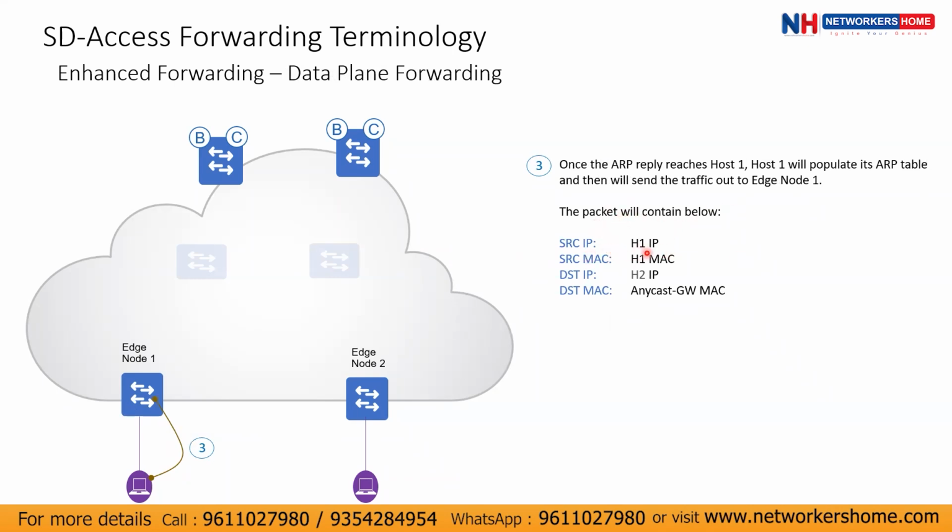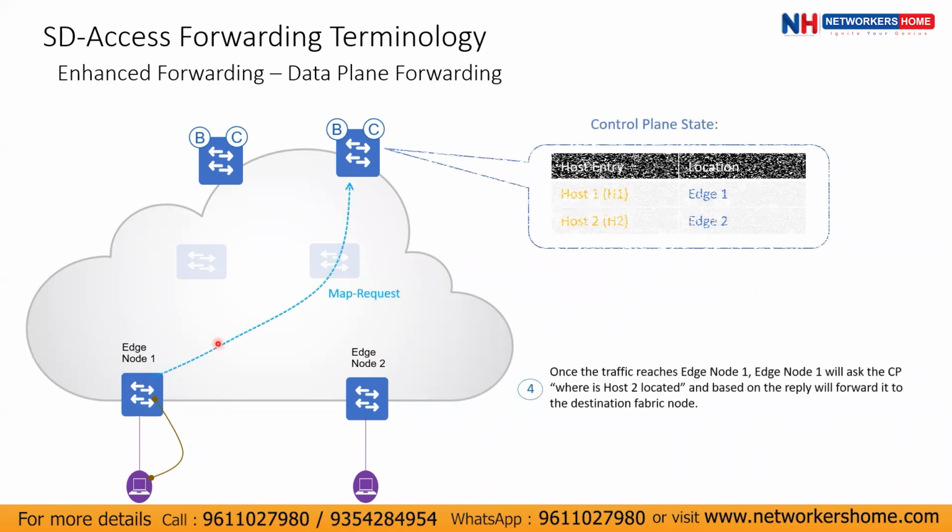So my source IP would be the H1 IP, destination IP would be the H2 IP, source MAC would be H1 MAC, destination MAC would be the Anycast gateway MAC, which is the Fabric Edge 1 Anycast gateway MAC as a gateway, right? Now it will send a request to the control plane.